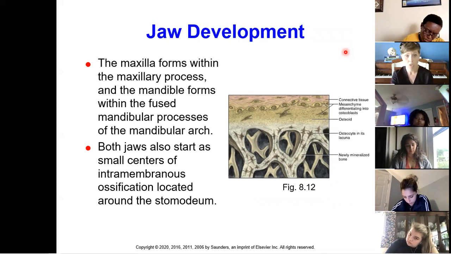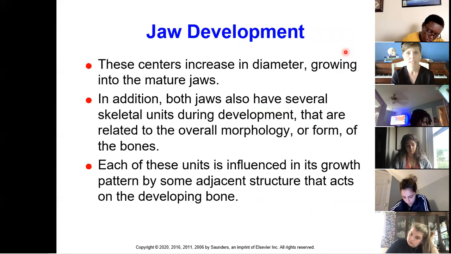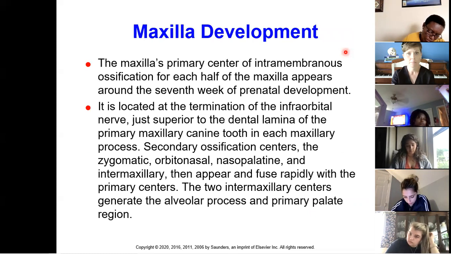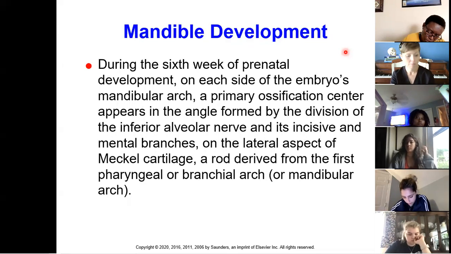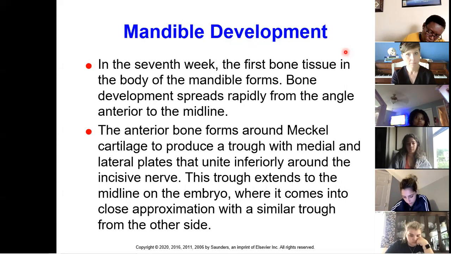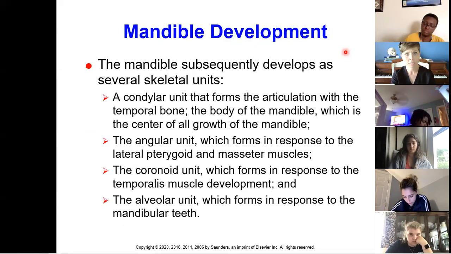And both jaws also start as small centers of intramembranous ossification located around the stomodeum. All right. We already talked about all this.